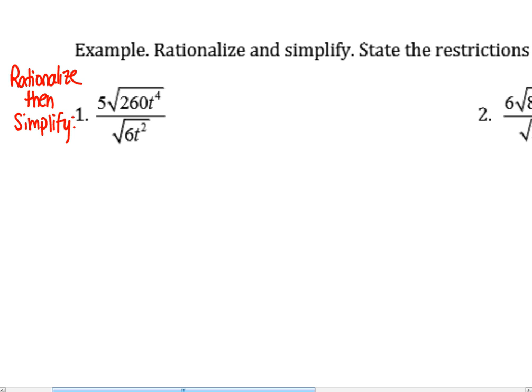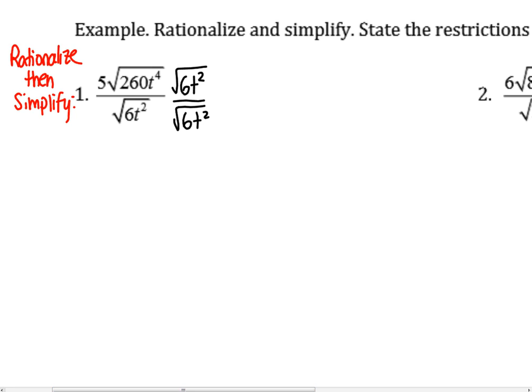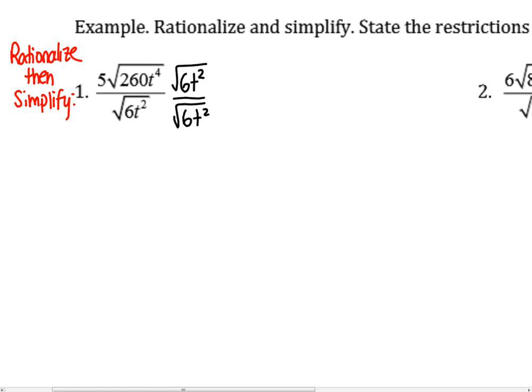So what do I have to multiply top and bottom by? Root 6t squared. Good. Top and bottom. So this is where it gets huge. What is 260 times 6? Oh, lovely.